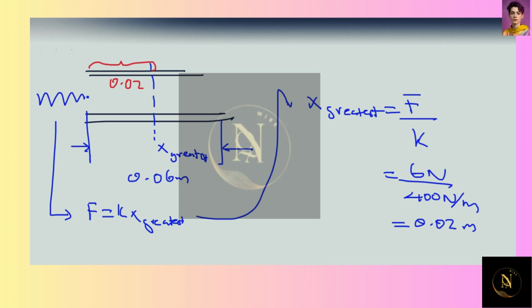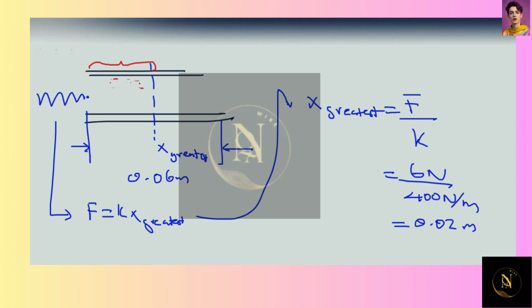So we have to backtrack a little bit. This one right here, this one right here, this one right here. So x greatest is the distance moved by the ball, given by 6 newtons over 400.